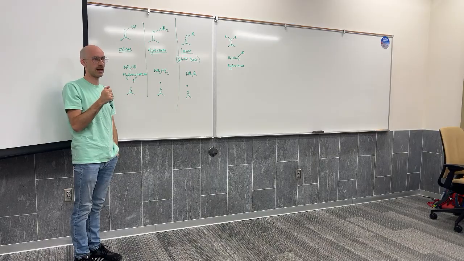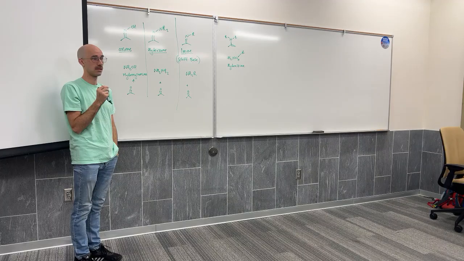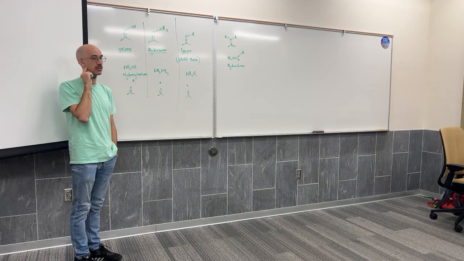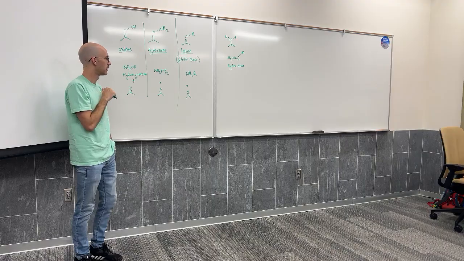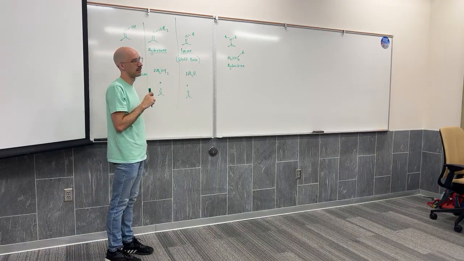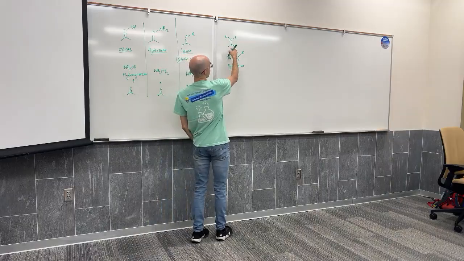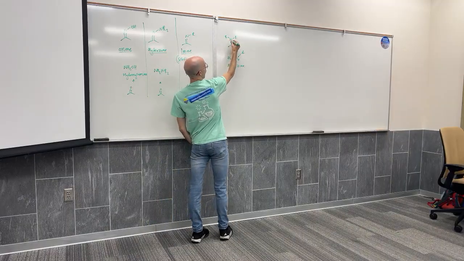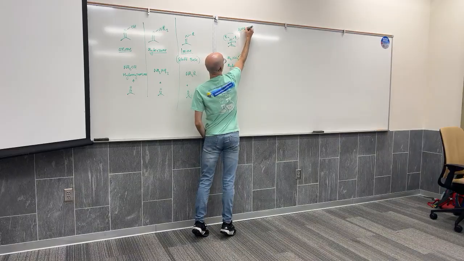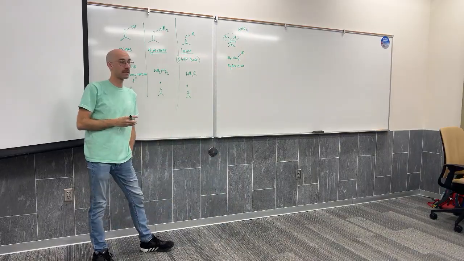For instance, we have primary, secondary, tertiary amines. Primary. Just one substituted. So a primary amine can react with a carbonyl to form an imine. And this is what we're going to look at later. This amine already has two R groups. That makes it a secondary amine.